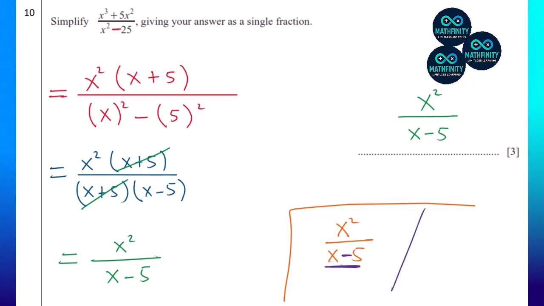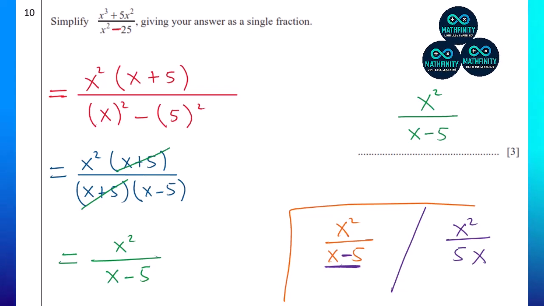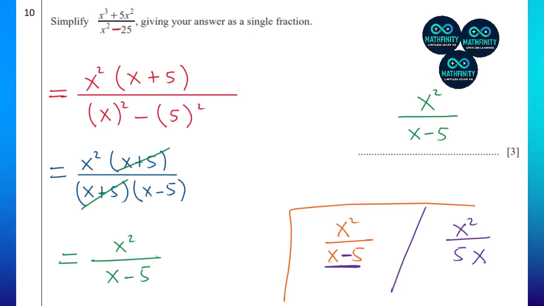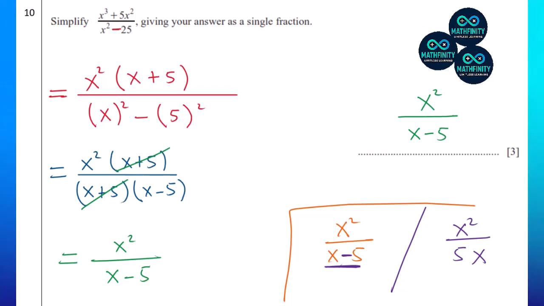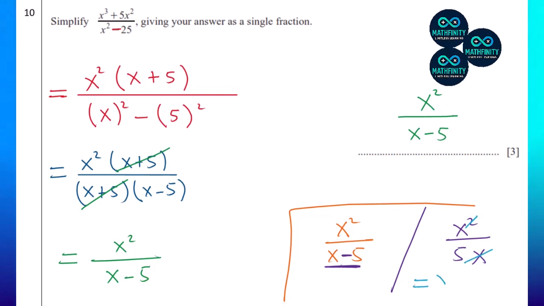In which situation can you cancel? If you see x square over 5x, yes, now there is no addition or subtraction operation. You have to take care only about addition and subtraction. If there is addition or subtraction, you cannot cancel. But if there is no addition or subtraction, you can cancel. In this form, we can cancel this x with the square, so we can write the final answer x over 5.